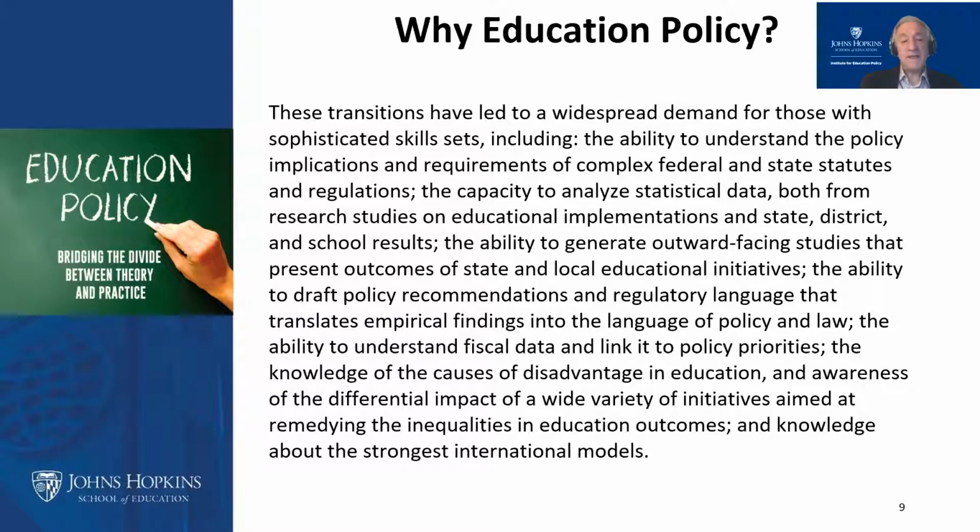In many cases, the first demand is for quantitative ability, that is folks who can read statistics, make sense of them, but almost as strong is the requirement for folks who can write well, can write policy briefs well, can turn complicated data into English that can be read by legislators and superintendents and CAOs, chief academic officers.